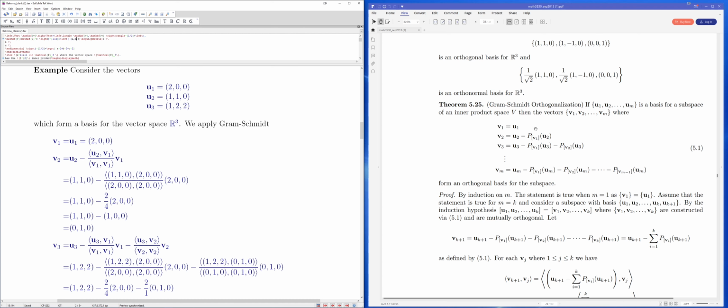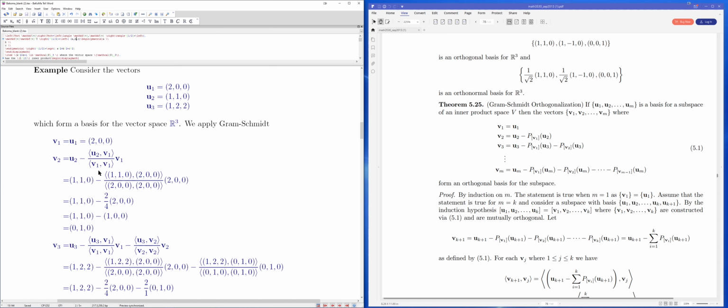The V's here are really you taking the U's, the original basis vectors, and subtracting off projections from them. Next thing you want to recall is what this P_V1(U2) is: a projection of U2 onto the subspace spanned by V1.